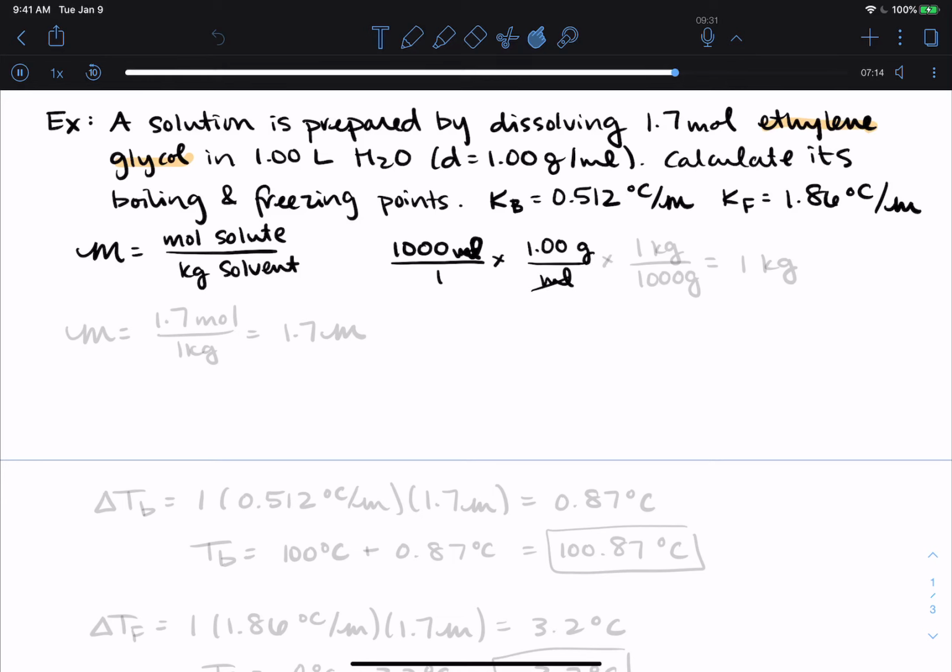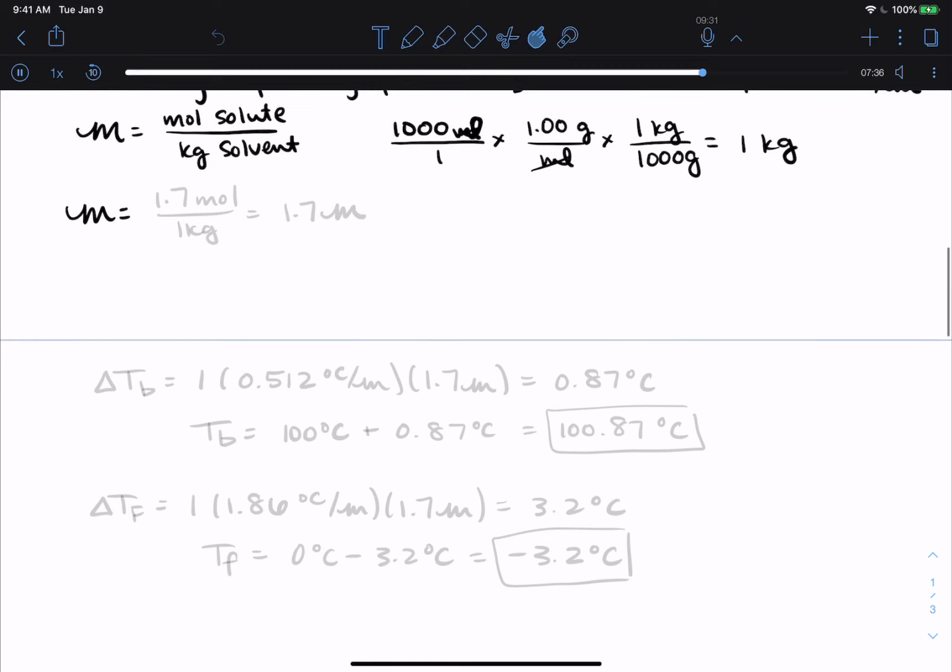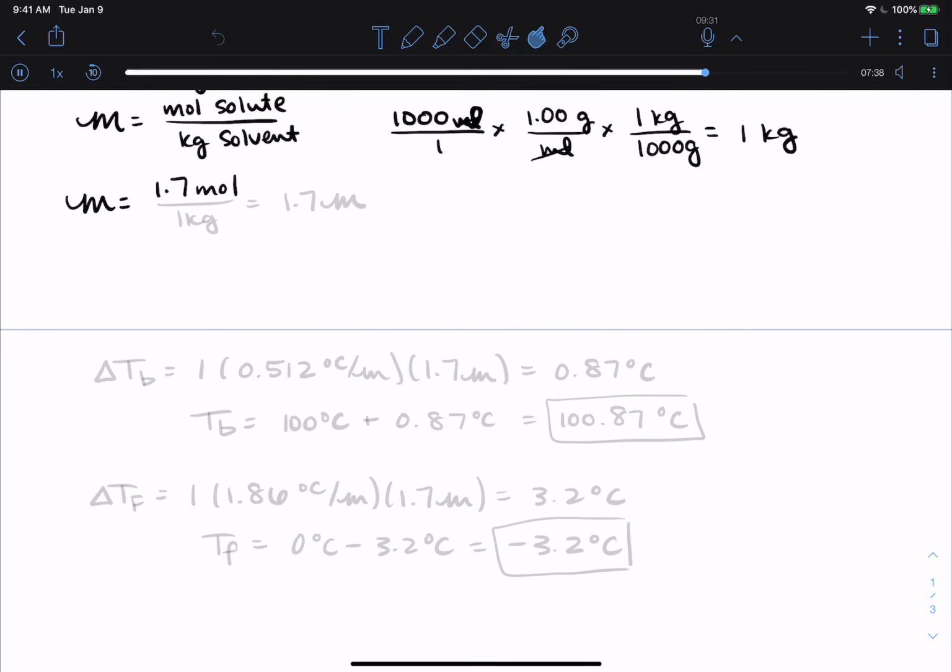So the mL will cancel out, we'll be in grams, but we actually need to be in kilograms, and 1 kilogram is 1,000 grams. So, okay, well, our 1 liter is actually just 1 kilogram of water. So our molality is 1.7 moles of solute in 1 kilogram of water. So our molality is 1.7.